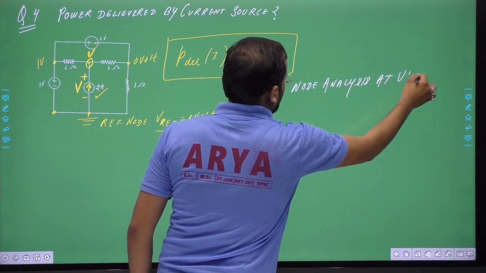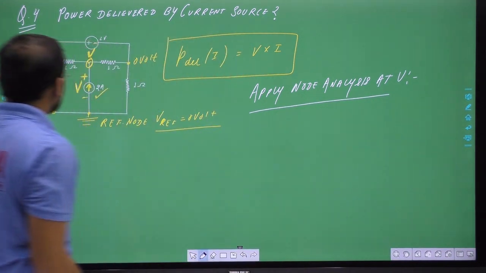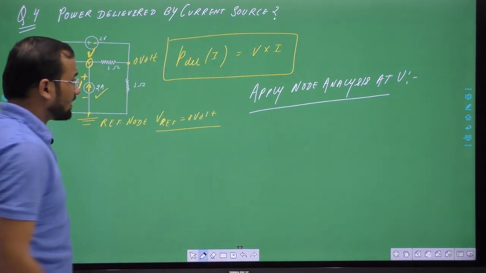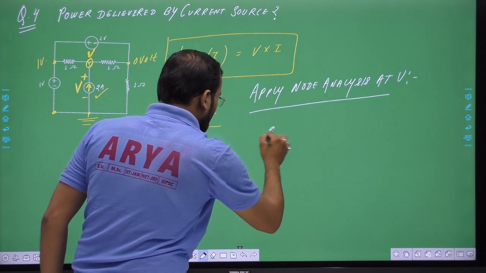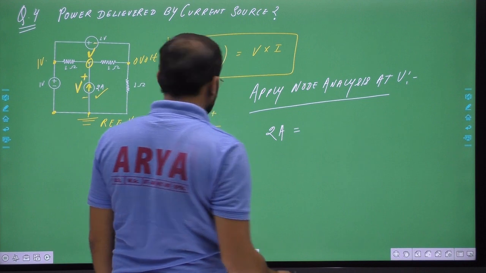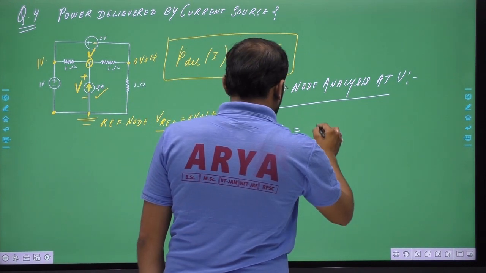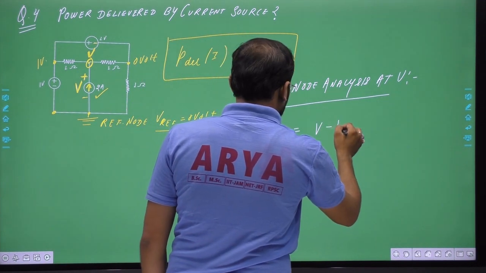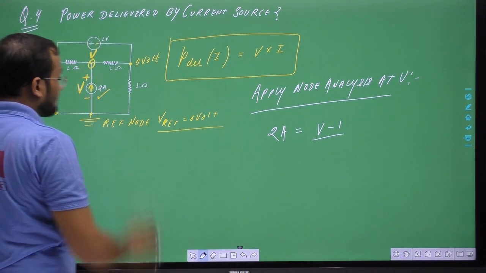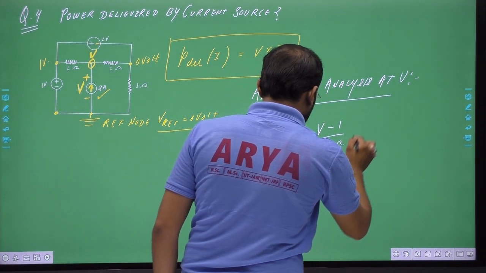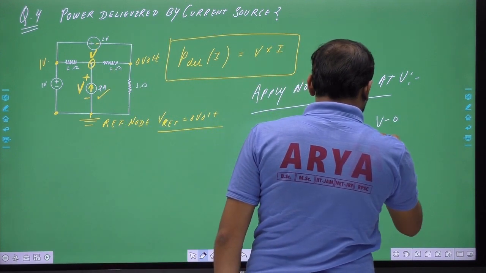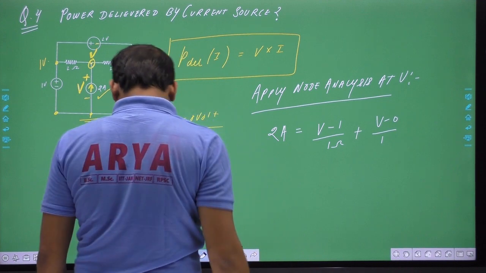As I apply node analysis at V, as current 2 ampere is entering, we will take current entering is equal to current leaving. V minus 1 divided by 1 ohm plus V minus 0 divided by 1 ohm.